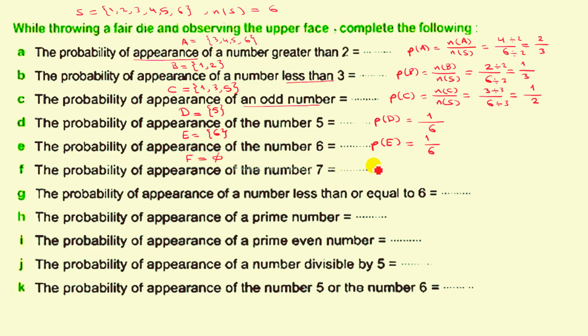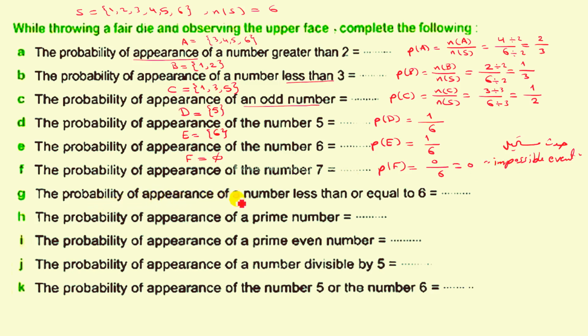How many elements are there? يبقى probability of F مفيش غير no elements 0 elements divide by 6 equal 0، وده احنا بنسميه impossible event. حدث مستحيل، مستحيل يظهر معانا 7 لان الداي معلوش 7. وطبعا نبقى عارفين ان ال probability of the impossible event is 0.